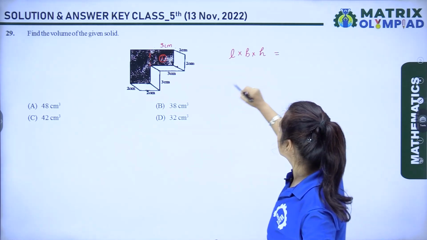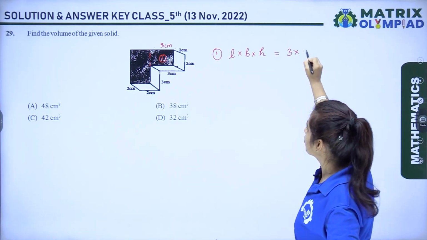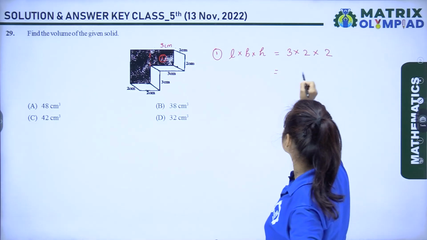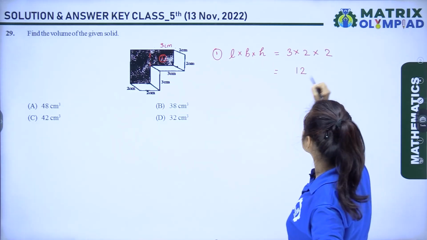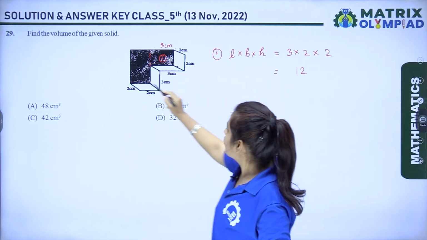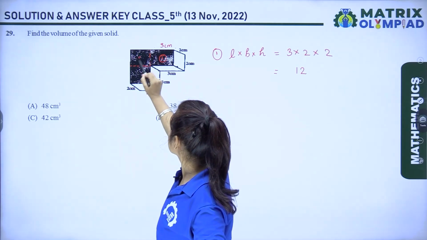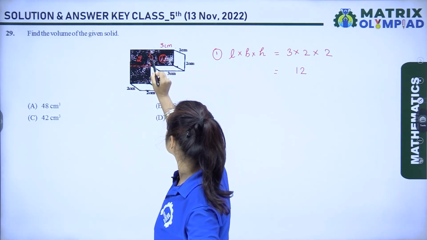So, volume of figure 1 is 3 multiplied by 2 multiplied by 2. So, here we get 12. Now, let's do the partition. This is figure 2. So, it is 2.